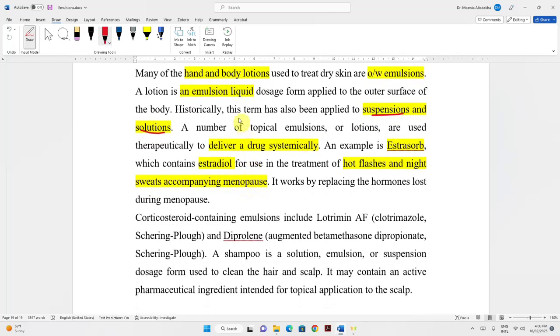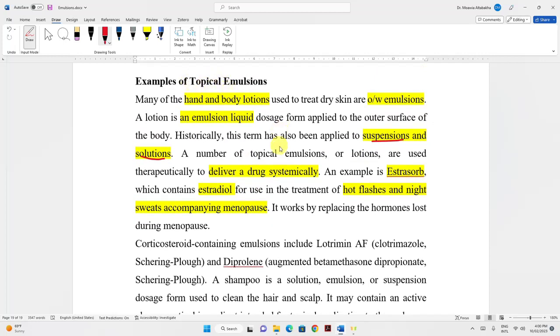Okay. But in addition to administering it for dry skin conditions, there are preparations for systemic absorption, such as estrazorb. And estrazorb contains estradiol, and it's used for menopause to relieve the symptoms of hot flashes and night sweats that comes with menopause.